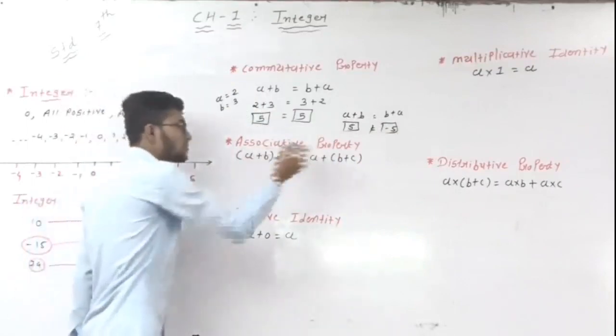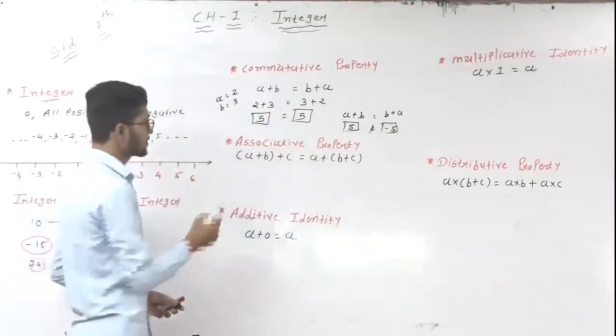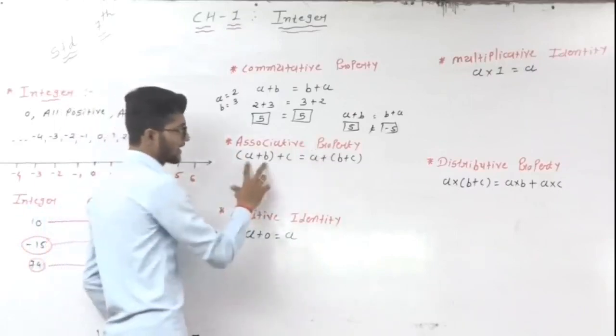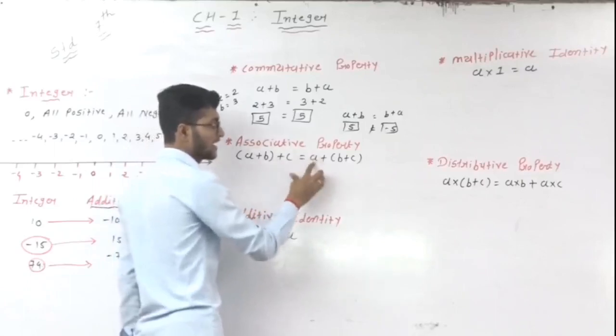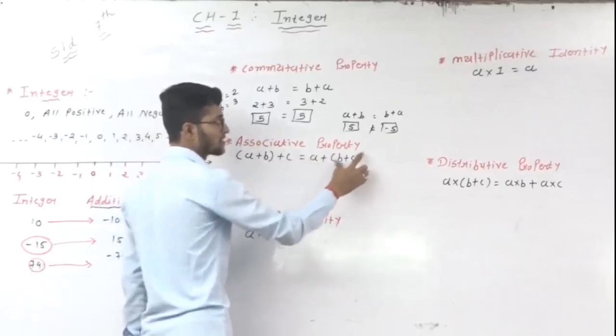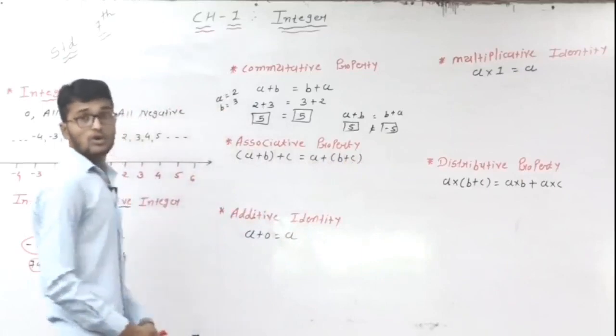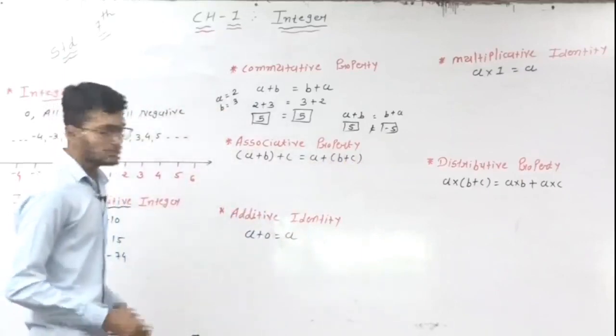Same for the next, the associative property. So the associative property, this one is the formula: in brackets a plus b, bracket over, plus c, is equal to, on this side, a plus, bracket b plus c, bracket over. So what is in this property?